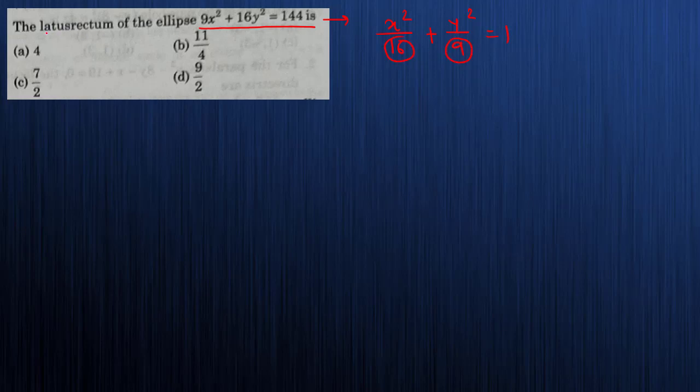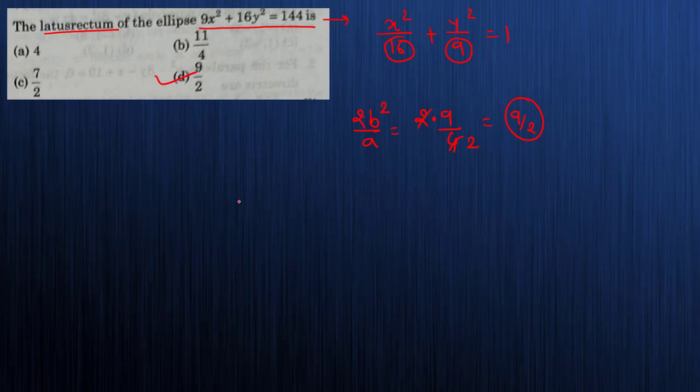Latus rectum पूछ रहा है. Latus rectum is nothing but 2b square by a. So it is 2 b square कितना है, it is 9 by a is what, it is 4. So ये गया by 2 पे. So 9 by 2 is my answer. This is my length of latus rectum. As simple as that. Very very easy, isn't it?